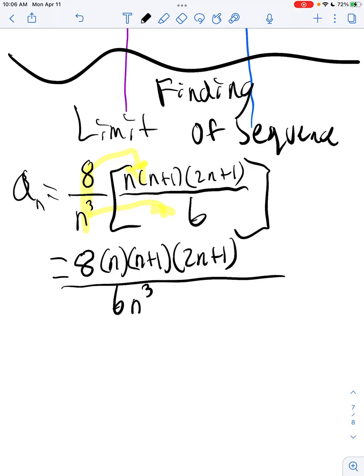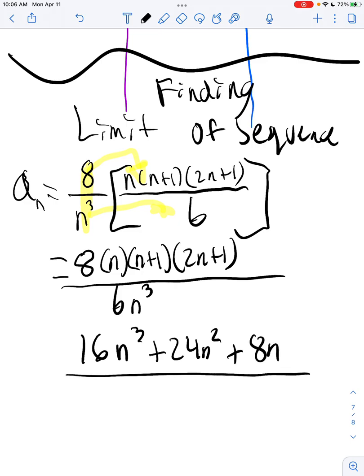I'm going to get 16n to the third plus 24n squared plus 8n all over 6n to the third.